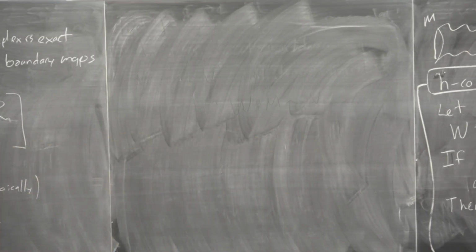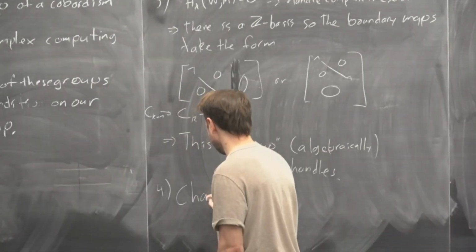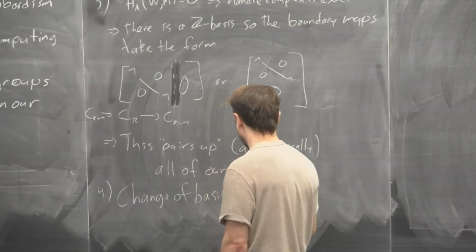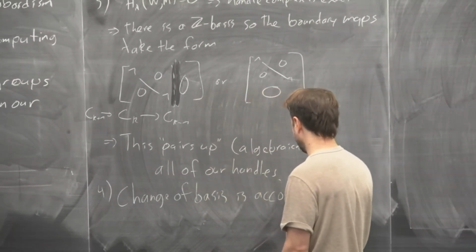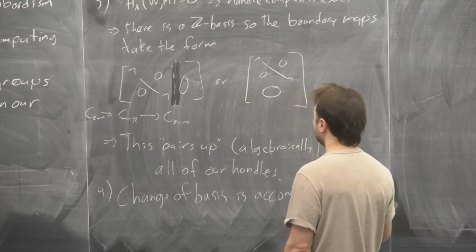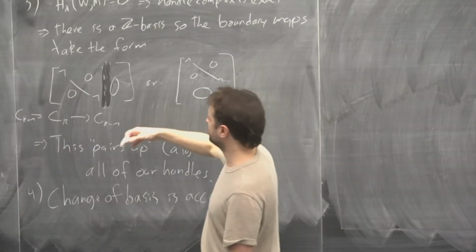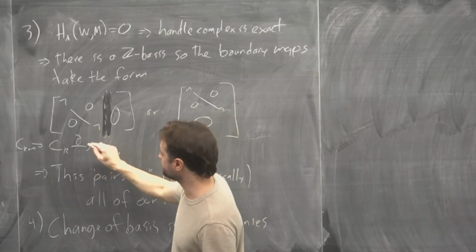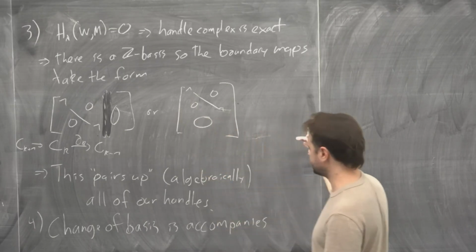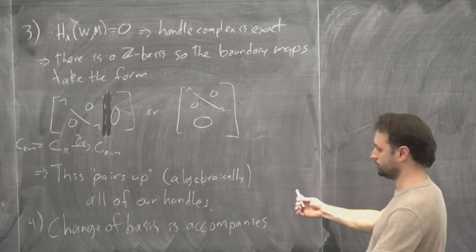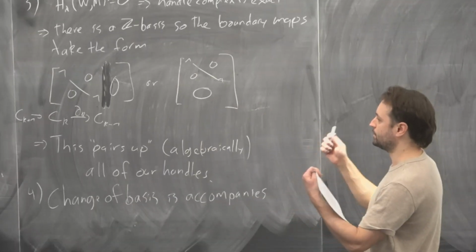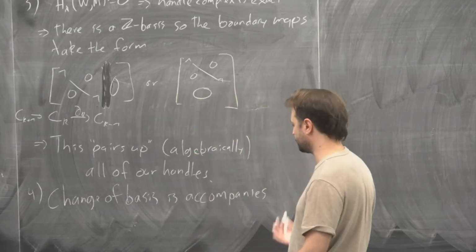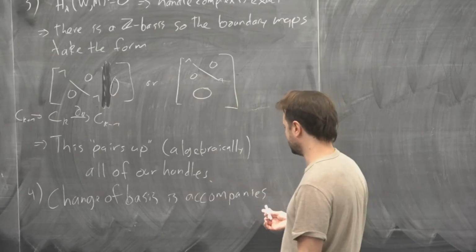Actually, changing basis is accompanied by a geometric handle move. So when you actually change your chain complex to have the basis describing our boundary maps like this, when you make that algebraic change of basis, there's also some geometric moves that you can do to move handles around so that your actual handle complex is giving you this chain complex. So it's not just a formal algebraic thing, you actually do a geometric change of basis.